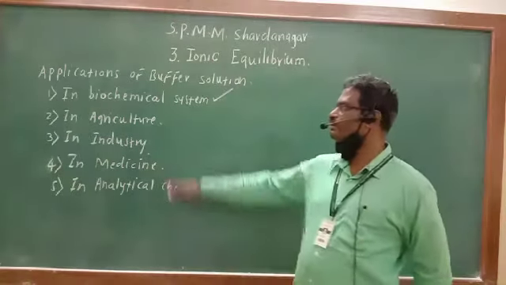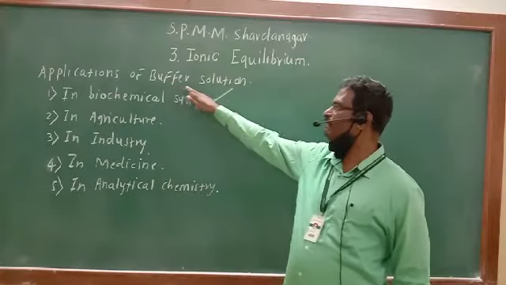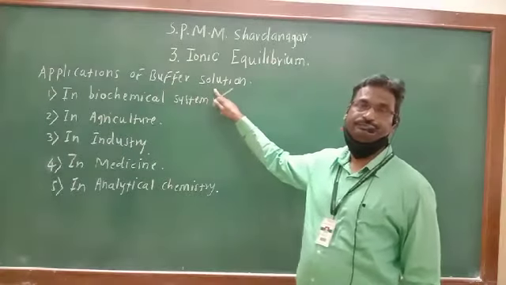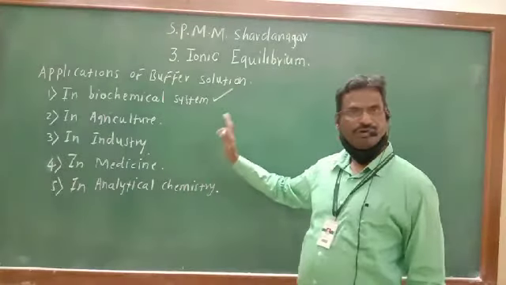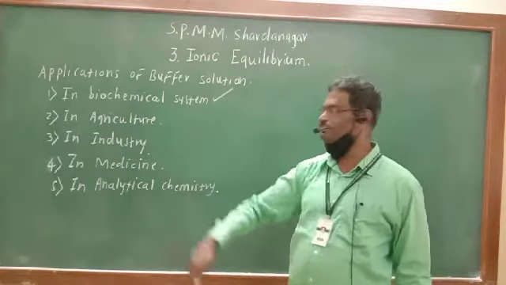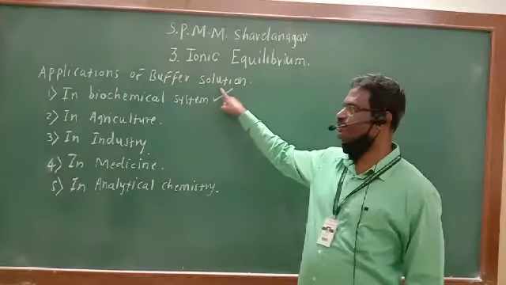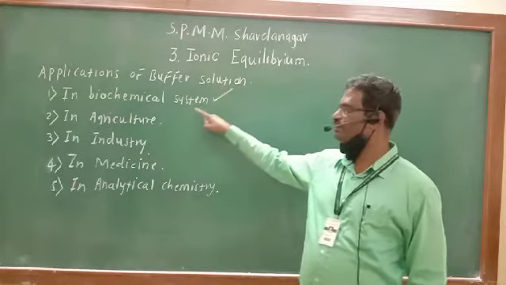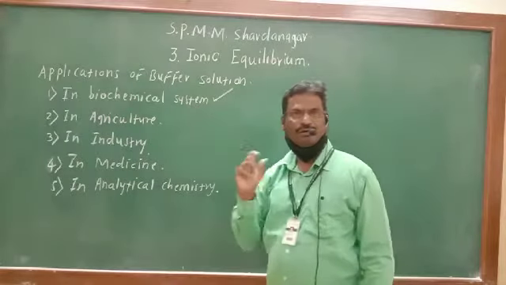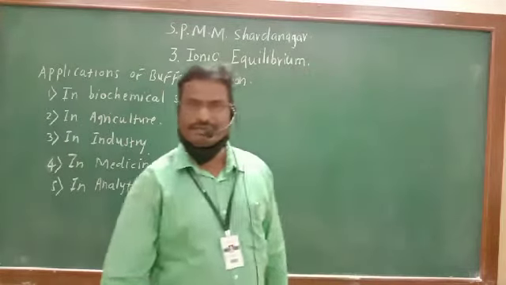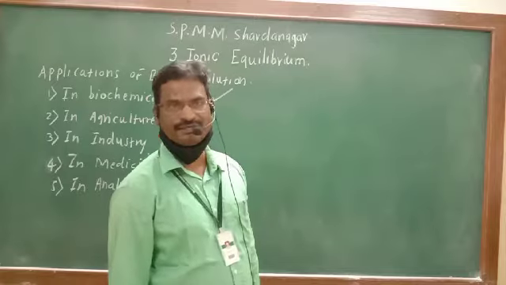In this lecture, we have to complete the applications of buffer solution in these 5 fields, followed by solubility product. Applications of buffer solution. First one, in biochemical system. Our human system is nothing but a biochemical system.